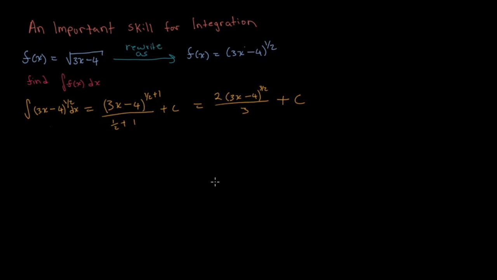But the problem is this does not account for what's inside the bracket. In fact, this answer is incorrect. Simply doing a reverse power rule doesn't cut it for this kind of example because it does not account for what is in here. So how do we evaluate this integral then?